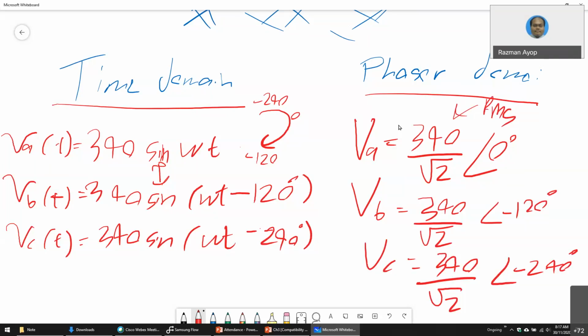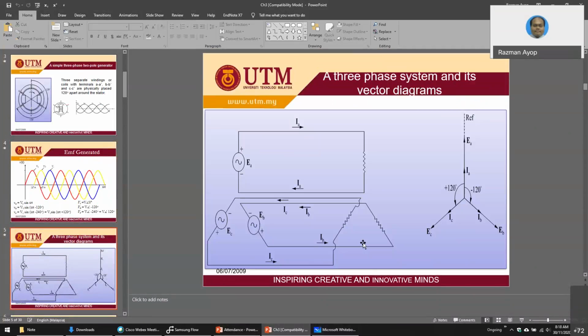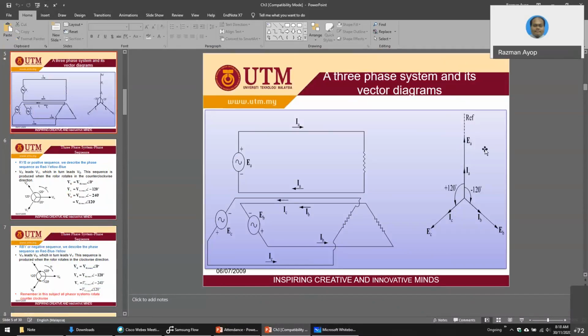This is the first thing that you need to know, how to convert into phasor domain. So that is the three-phase system. Next thing you need to know is how to draw in phasor domain.